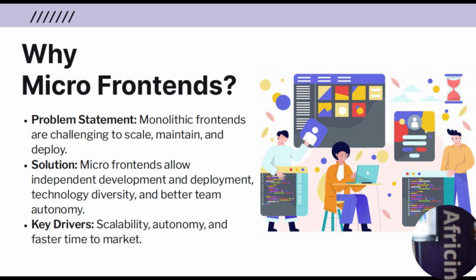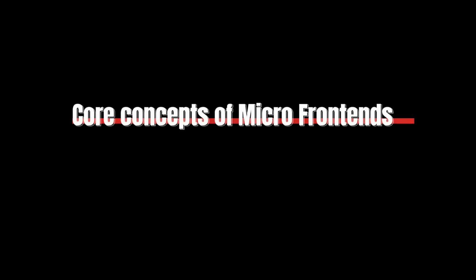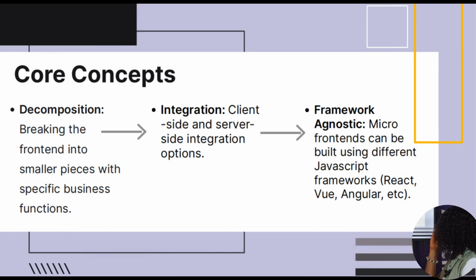Next slide. So our core concepts for microfrontends are decomposition, which means breaking down a large unit into smaller pieces. So we break the front end into smaller pieces with specific business functions.